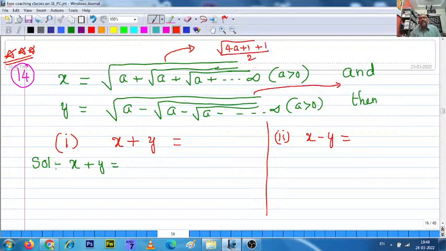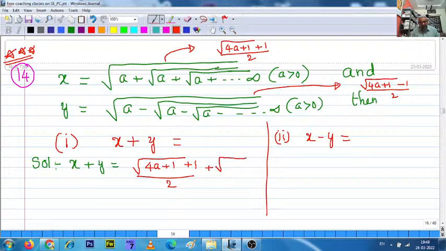My dear students, this is nothing but root of 4a plus 1 negative 1 by 2. Am I correct now? Yes, very good. So this x is replaced by root of 4a plus 1 upon 2 plus root of 4a plus 1 minus 1 upon 2.